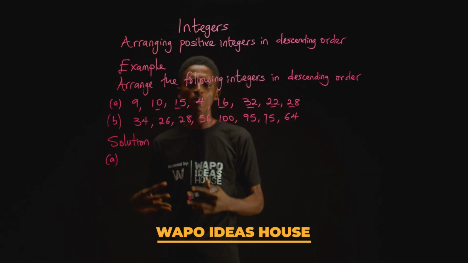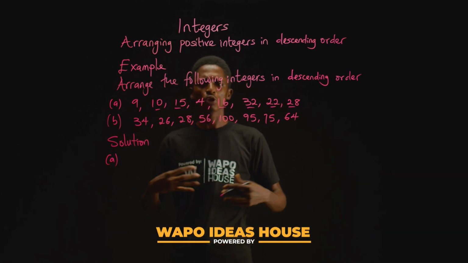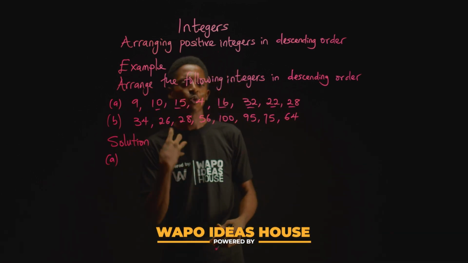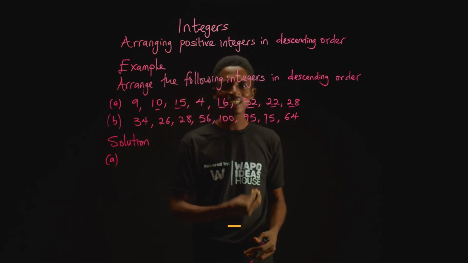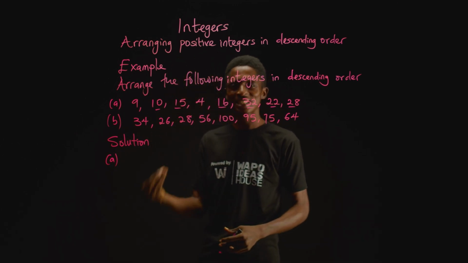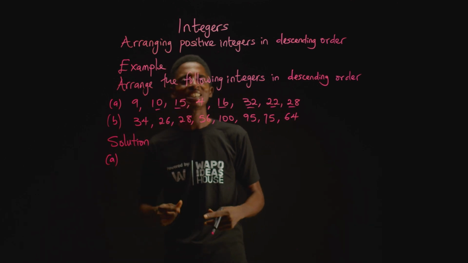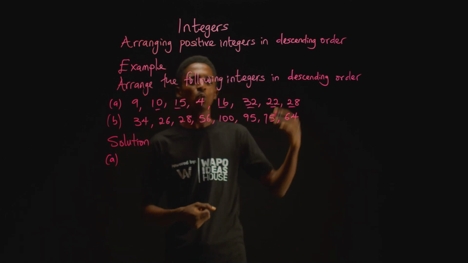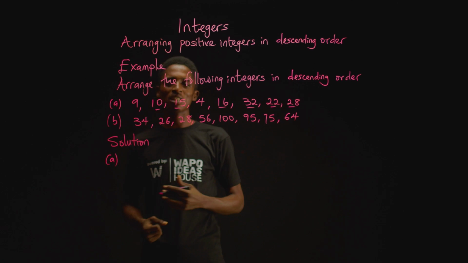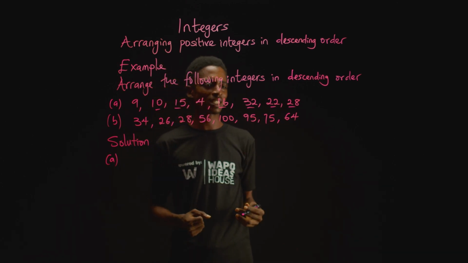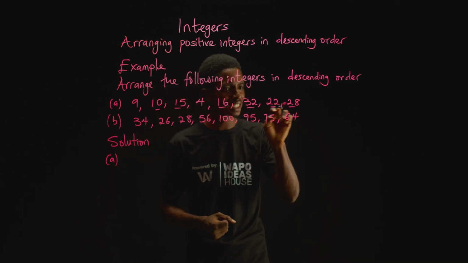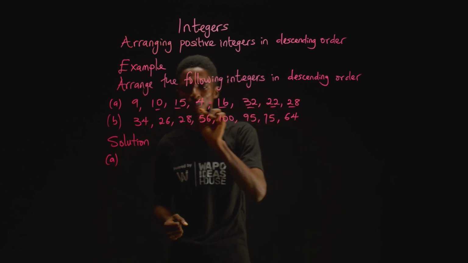Natural numbers go from 1 all the way to 9. And when we talk whole numbers, we're looking at 0, 1, 2, 3, 4, 5, 6, 7, 8, and then 9. So we count down from 9 to see which one has the highest value in this case by looking at the digits in the tens position.